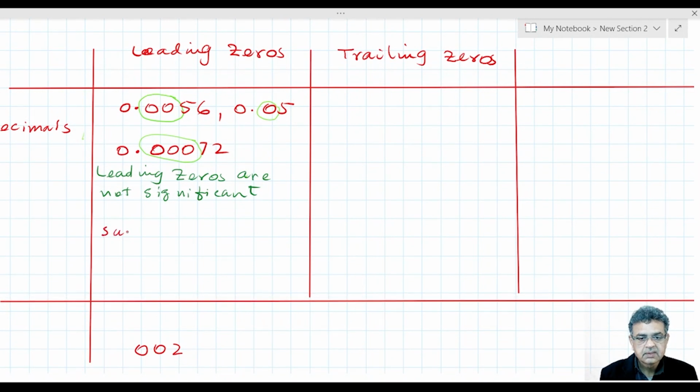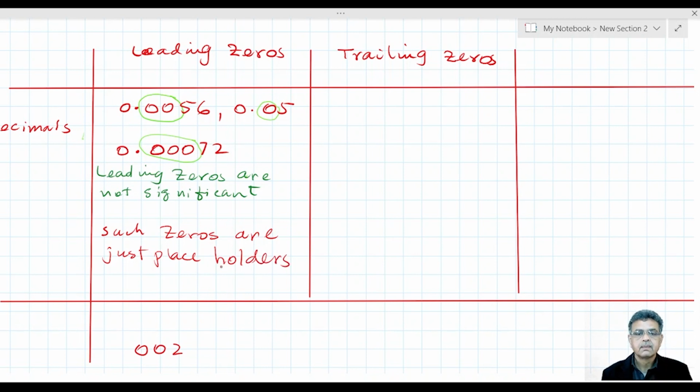Such zeros are just placeholders. What do we mean by placeholders?